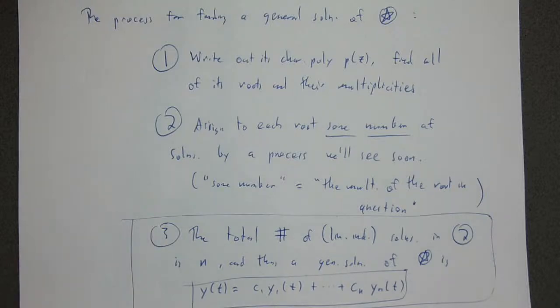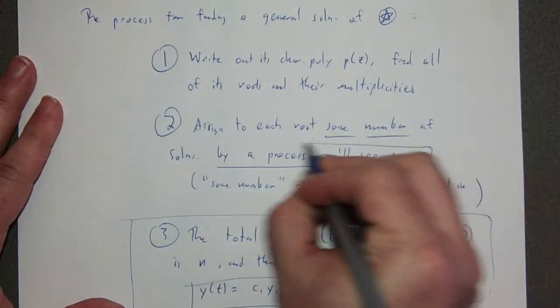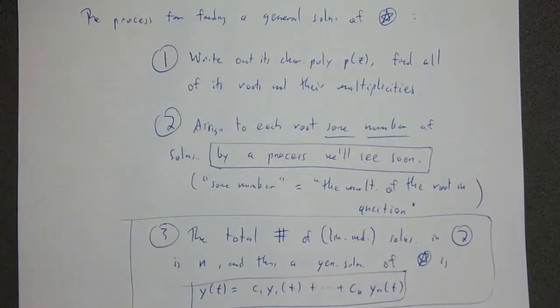Number 2, so here's where really all the magic happens. Assign to each root some number of solutions by a process we'll see soon. This process is really the key part.